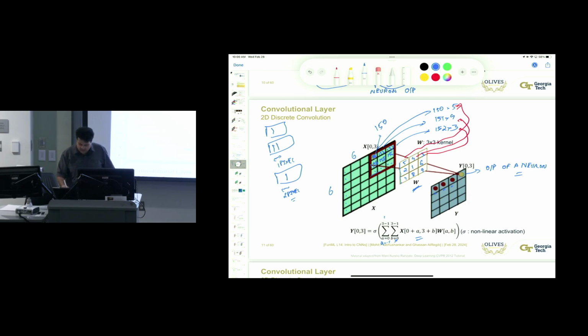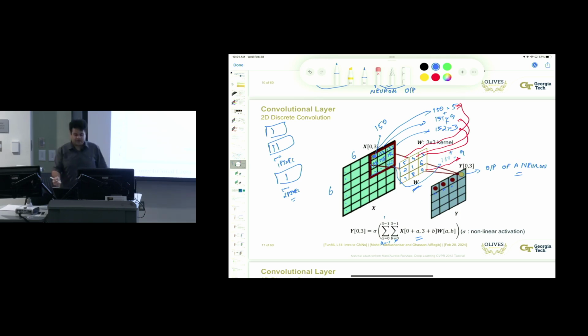So in this case, let me call this 160. So 160 multiplied with 9, which is essentially here and here. What we'll be doing here is just an addition later on down the line.